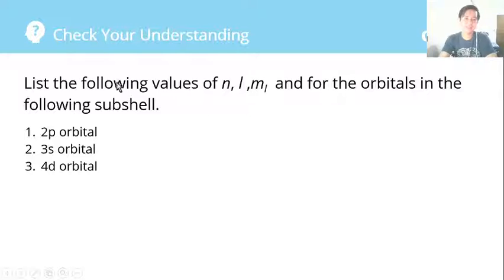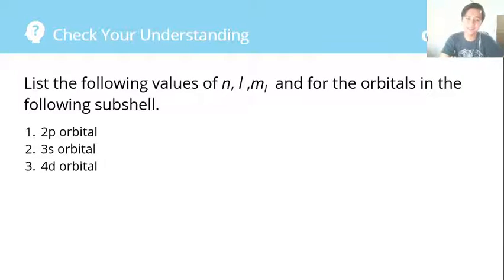So how about this? List the following values of n, l, and m sub l for the orbitals in the following subshell. 2p orbital. What's the value of n here? Okay, I'll give you time to think. What are the values for n, l, and m sub l under the 2p orbital?